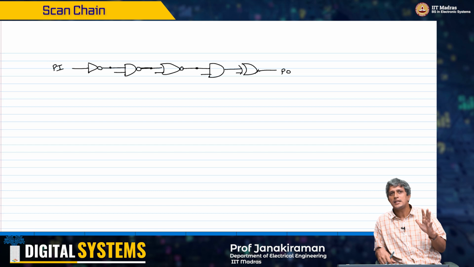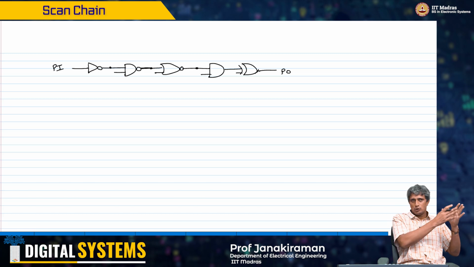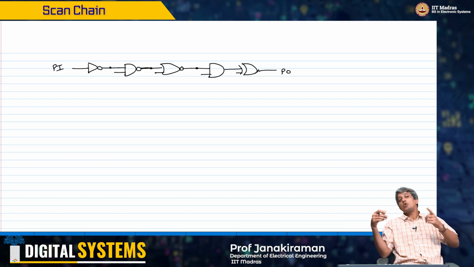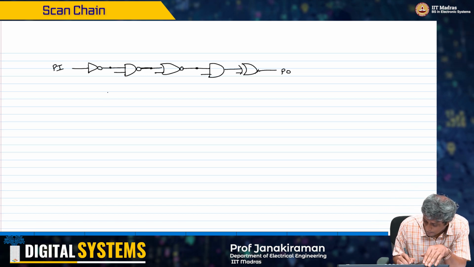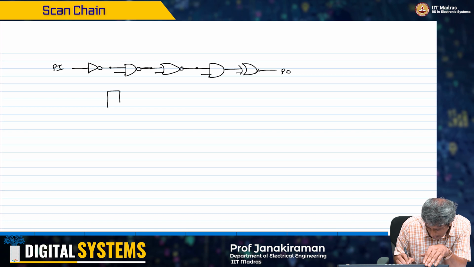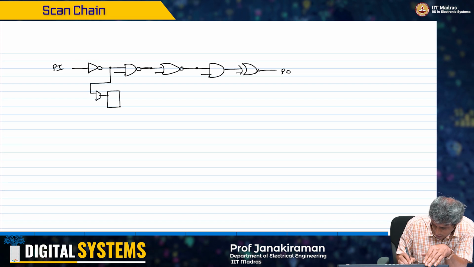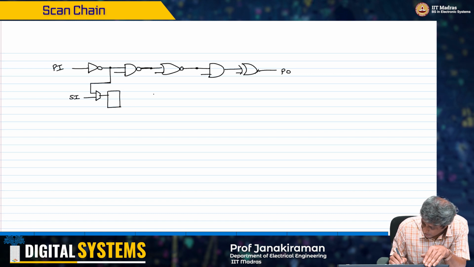So one thing that you can do is you set up some primary inputs, allow the circuit to evaluate and stabilize to the final value, and you check the primary outputs. Let's say that was wrong and now you want to debug and figure out what went wrong. So what you will do is you will basically build this parallel-in serial-out structure like this. This is my multiplexer. This is what I will call SI. I'll tell you what that is.